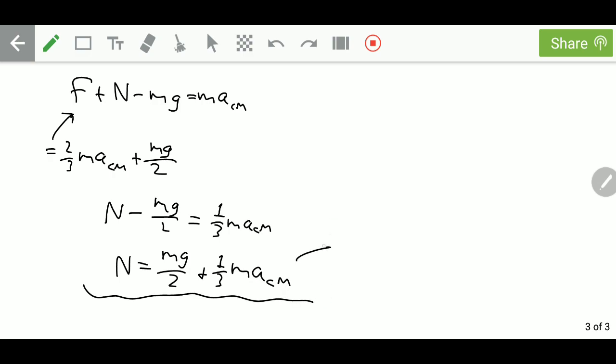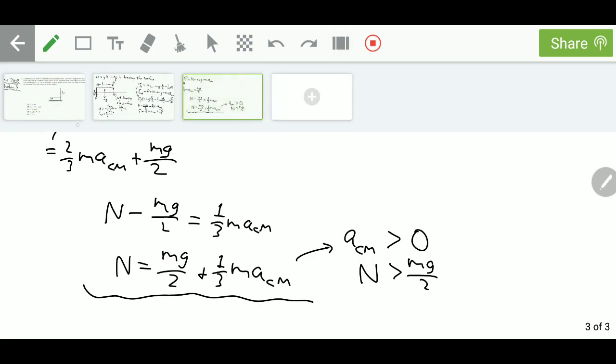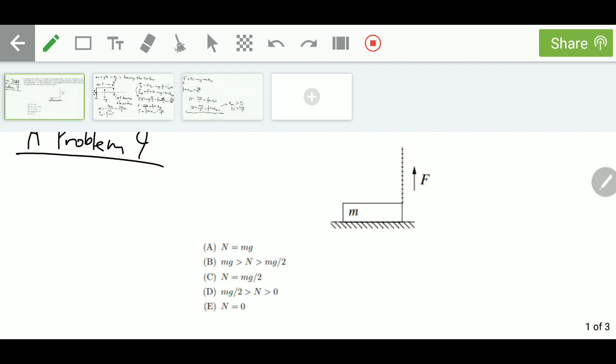Now we see that the acceleration of the center of mass is greater than 0. And so what we know is that N is greater than mg over 2. Now let's look back at our options.